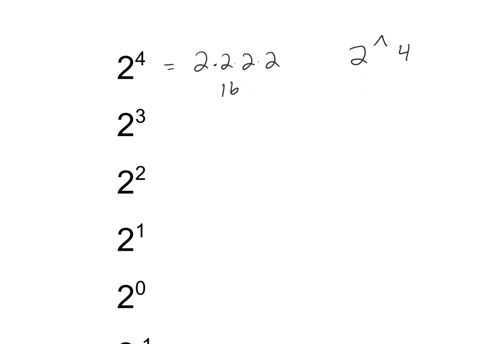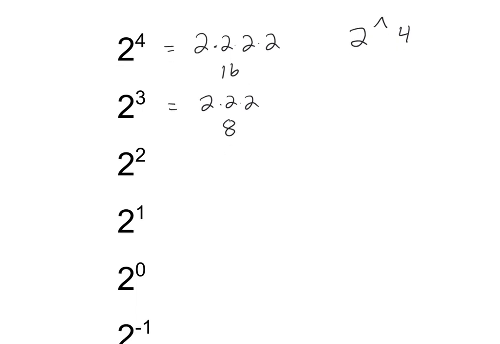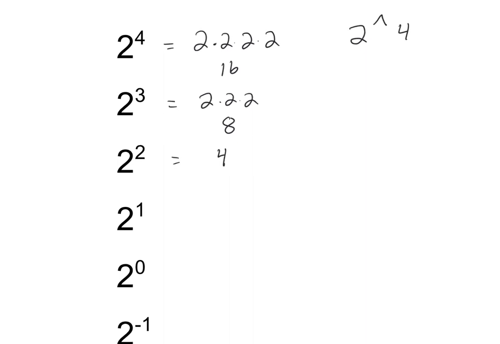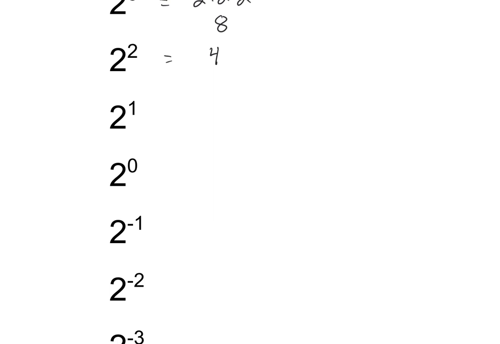Either way, you end up with 16. 2 to the 3rd is 2 times 2 times 2, which is 8. 2 squared is 4, right? What about 2 to the 1st? What's 2 to the 1st equal to? Just 2.